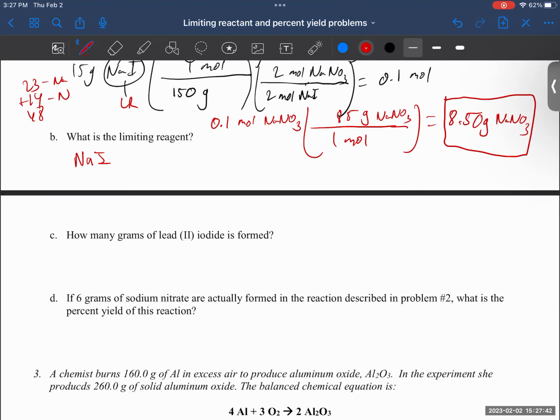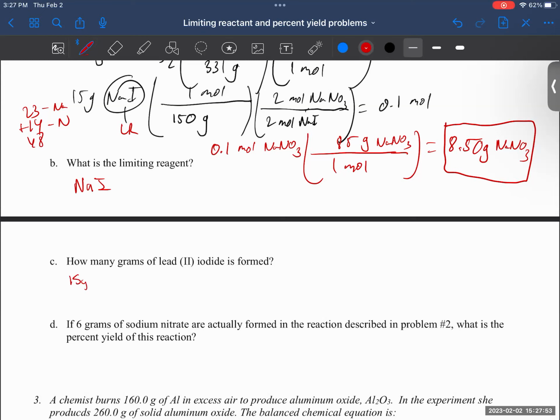Okay, so we should start with our sodium iodide, right? Because that's our limiting reagent. So we had 15 grams of sodium iodide. We use the molar mass in the next step to get moles of sodium iodide. And someone on Zoom, tell me why we want to get moles of sodium iodide. Any of my Zoomies?